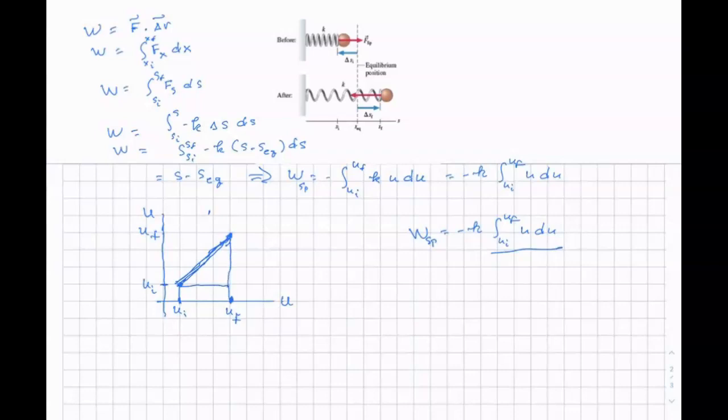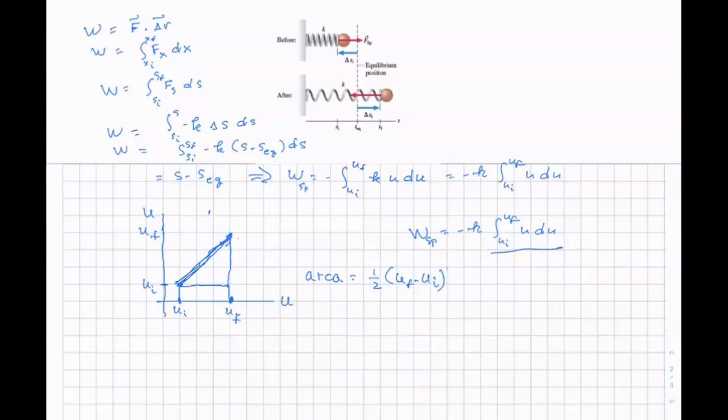The area of the triangle is one half times the base, which is u final minus u initial, times the height, which is once again u final minus u initial.